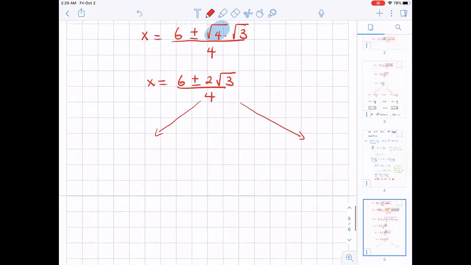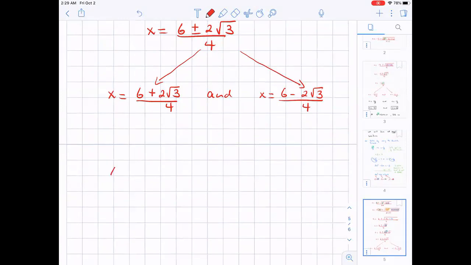Okay? So we have x is equal to (6 plus 2 radical 3) over 4, and x is equal to (6 minus 2 radical 3) over 4. What I like to do at this point, so you can see the reducing that I'm going to do, is write each one of them over 4.